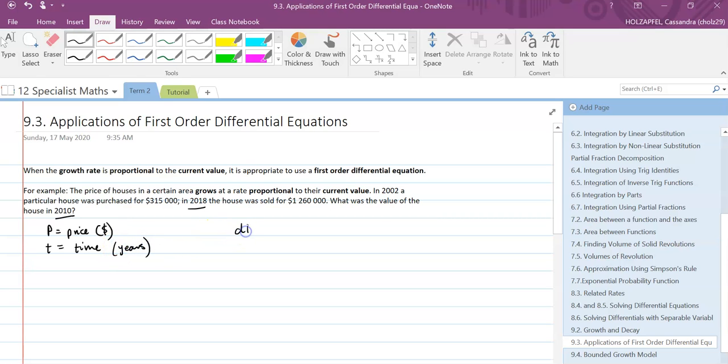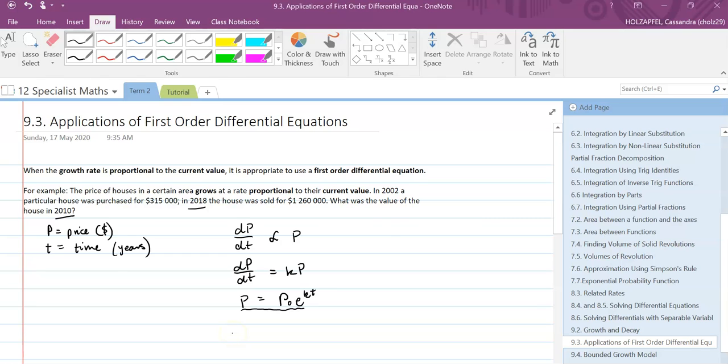Okay, so we have dP/dt is going to be proportional to the current price, and therefore dP/dt is going to be equal to kP. When we go ahead and integrate both sides, we end up with P is equal to P naught e to the power of kt. So let's put some values in here.